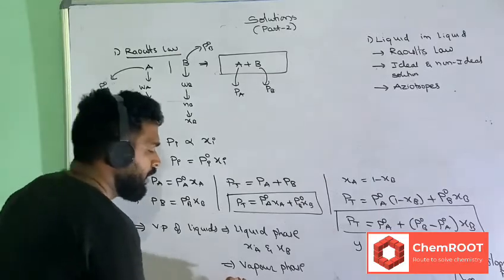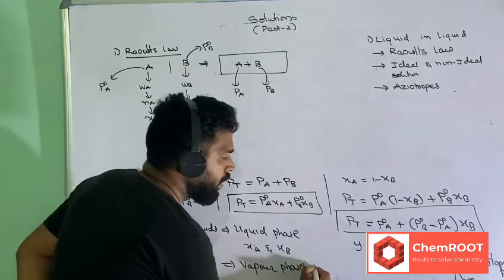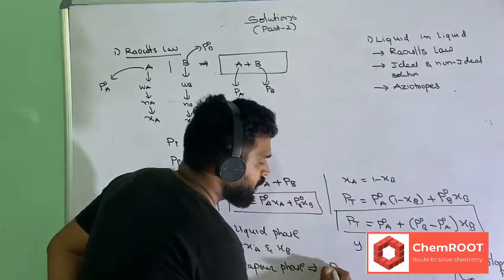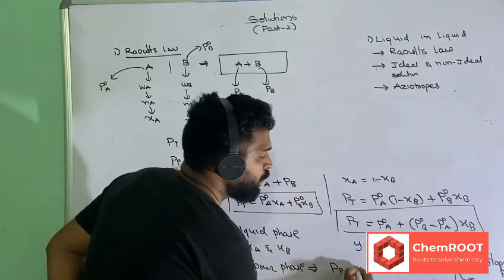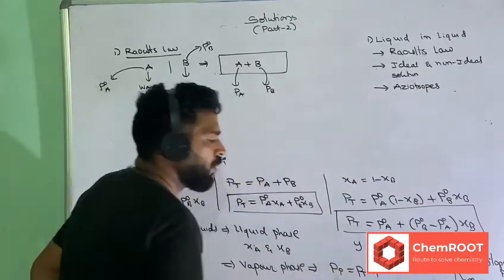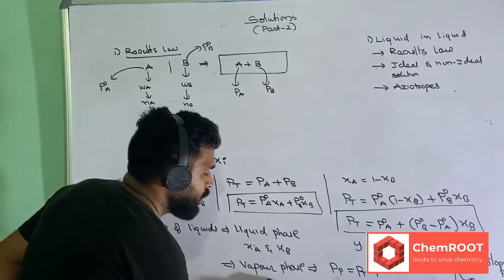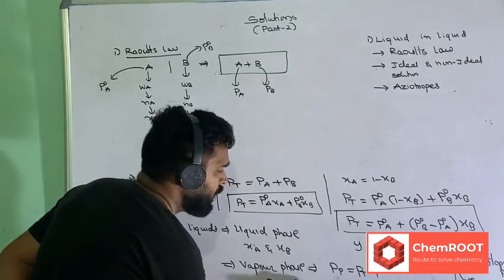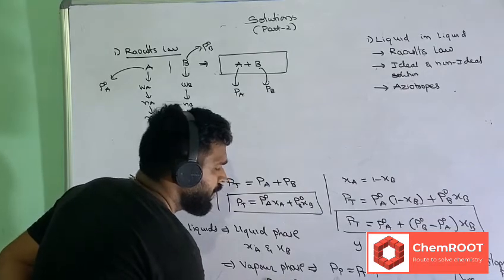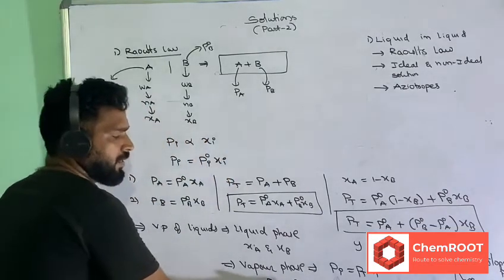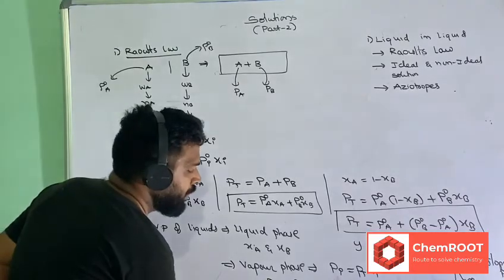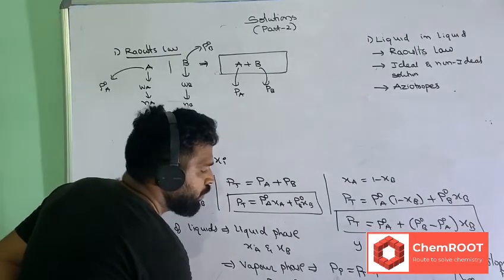That's why here you apply Dalton's law. Dalton's law says the partial pressure of any component is equal to P_total times the mole fraction of the component. So you get P_A equal to P_total times y_A, where we take y as the mole fraction in the vapor phase, and P_B is equal to P_total times y_B.